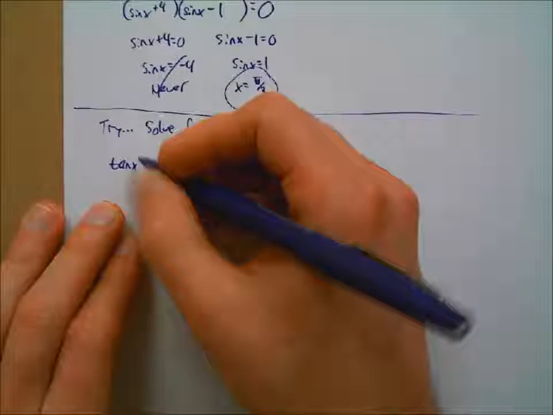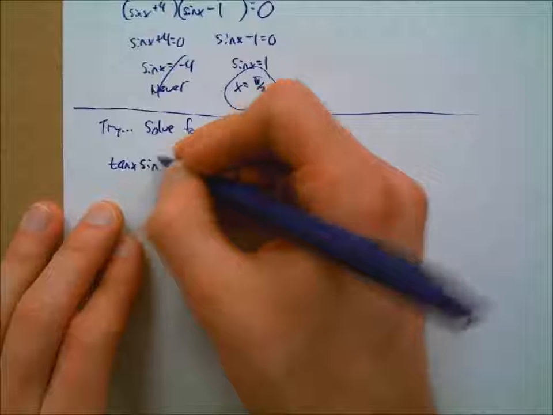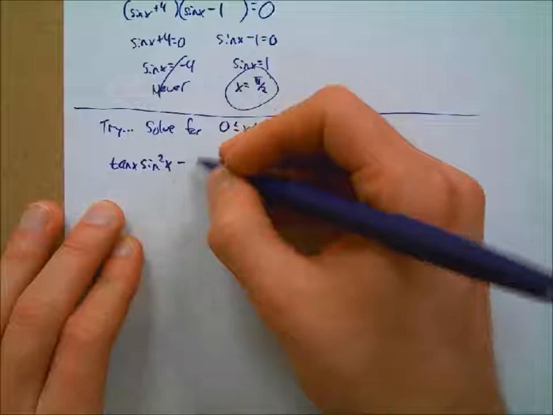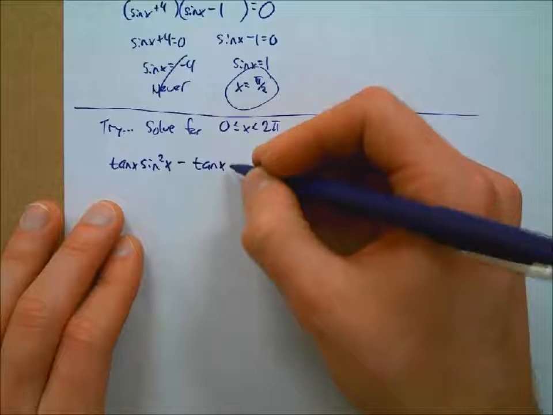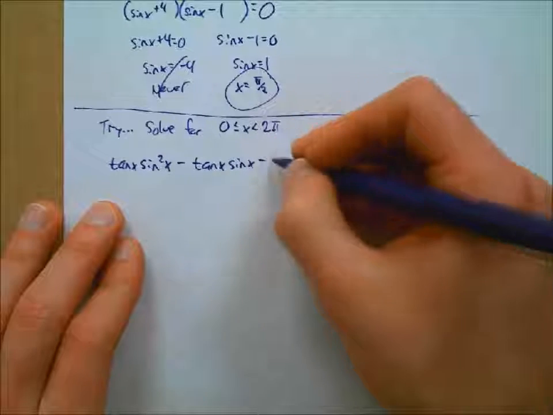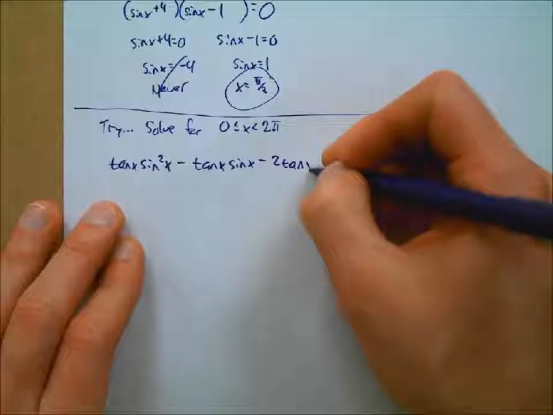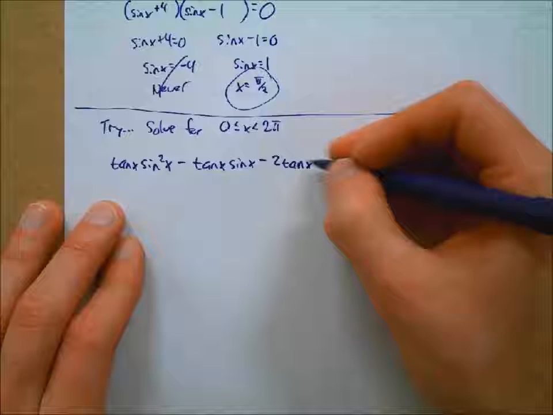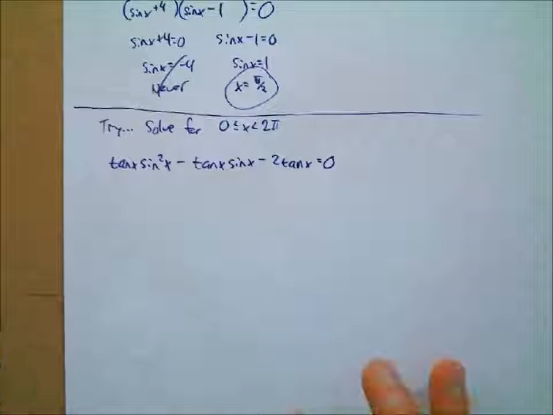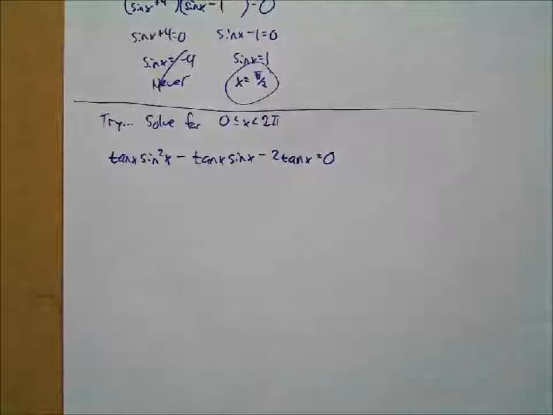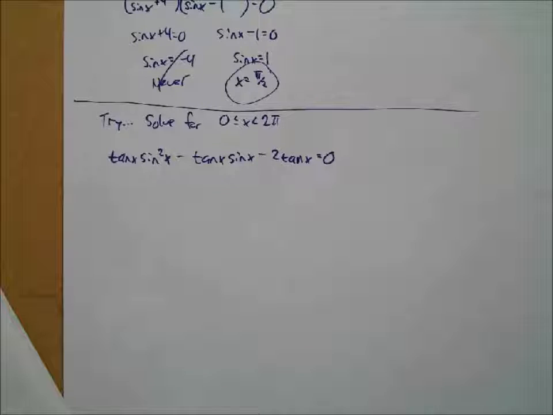Tangent x sine squared x minus tangent x sine x minus 2 tangent x equals 0. All right, go ahead, give it a try. Give it a go.